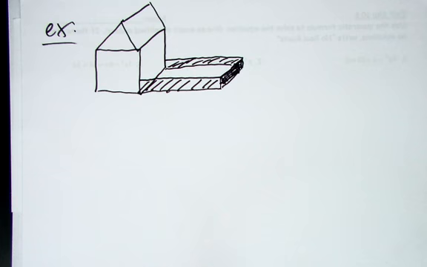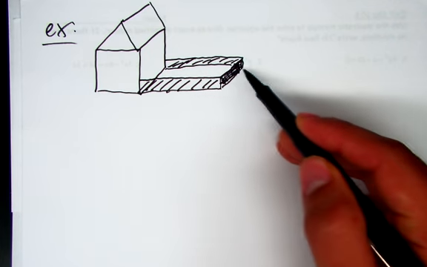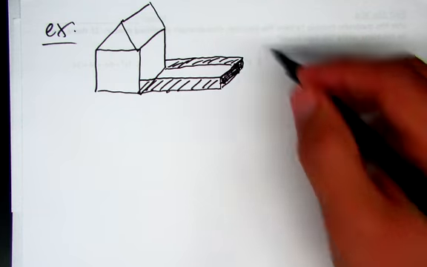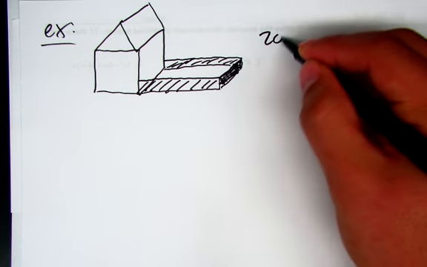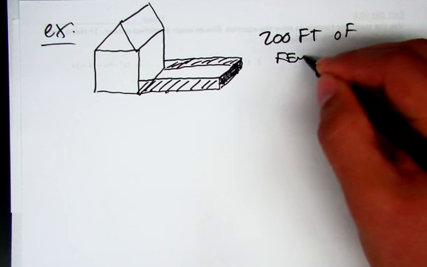Okay, so we have a rectangular yard. We need to put some fencing around it. Okay, and here's what we know. We have 200 feet of fencing available.